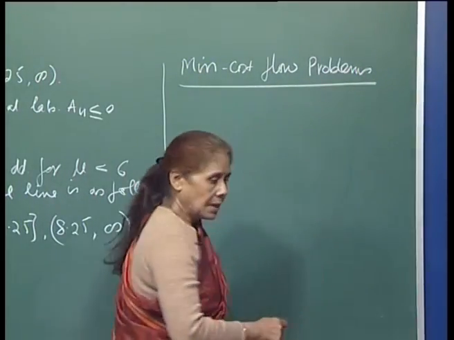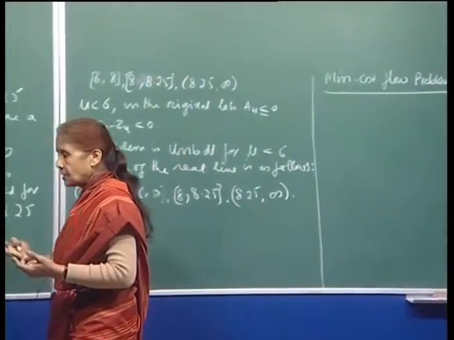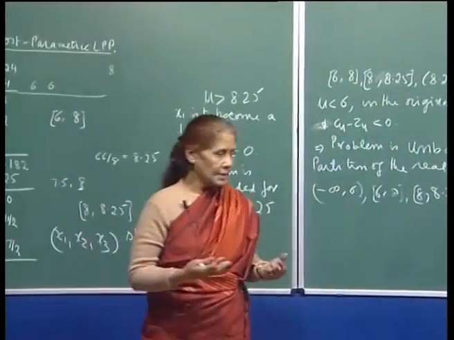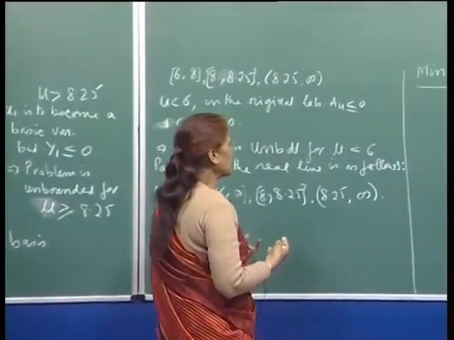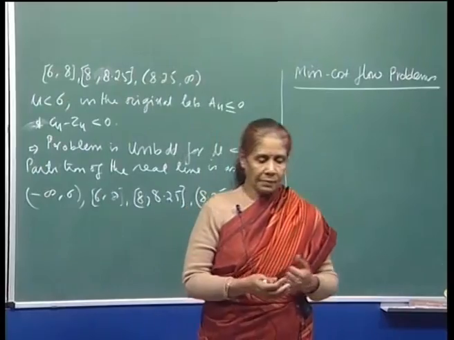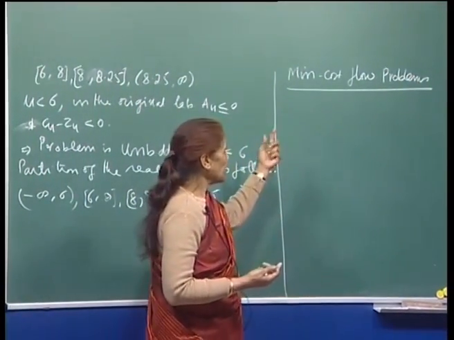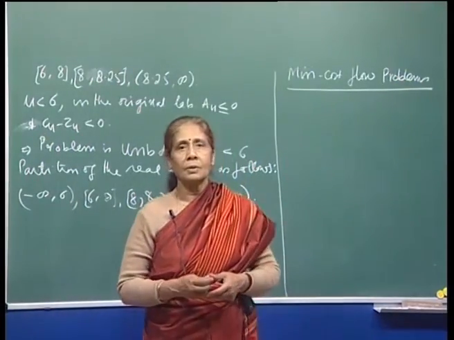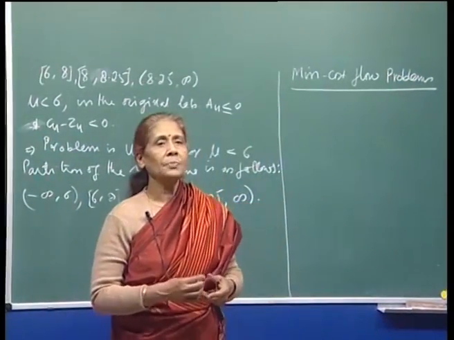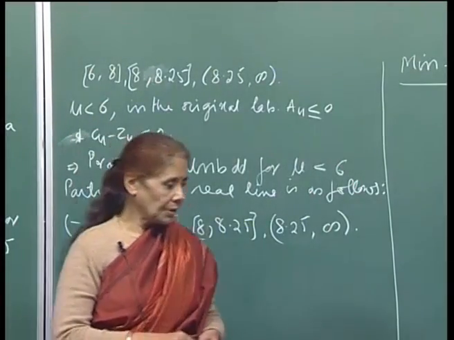And you will be surprised how vast the area is where the problems arise which can be formulated, modeled as min cost flow problems. And then we will look at the special cases. I already looked at one of them. For example, when I formulate the general min cost flow problem, the shortest path problem that we discussed is also a special case, and I will show you later on how it is.